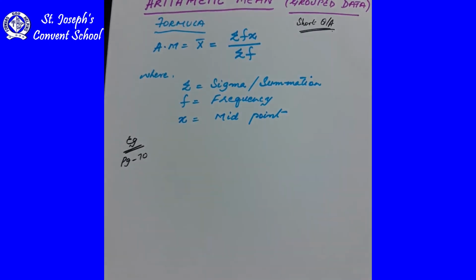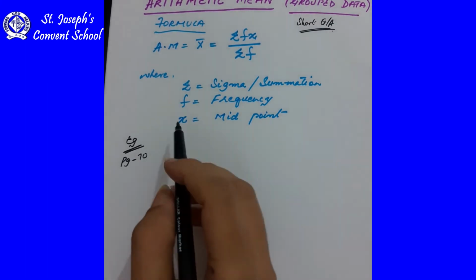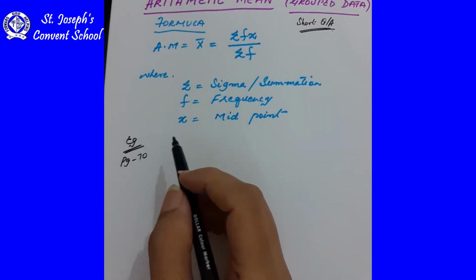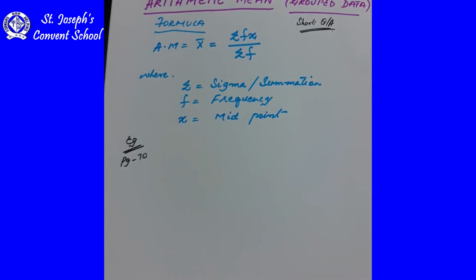Now I'm not copying the whole question. I'm just going to write find arithmetic mean. Ages are given of 700 students. So different age groups are there. Some children are below 10 years, some are below 15 years, or few are above 15 years.